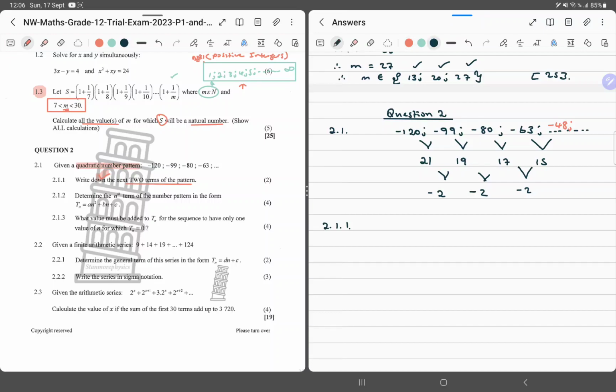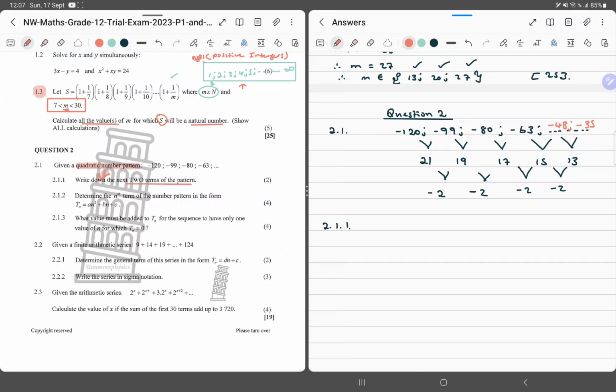And then again, we know that this would give us a minus 2. And then 15 minus 2, that gives us a 13. And then that becomes what would give us the next term. So we get minus 48 plus 13. It gives us a minus 35. So those are the next two terms.